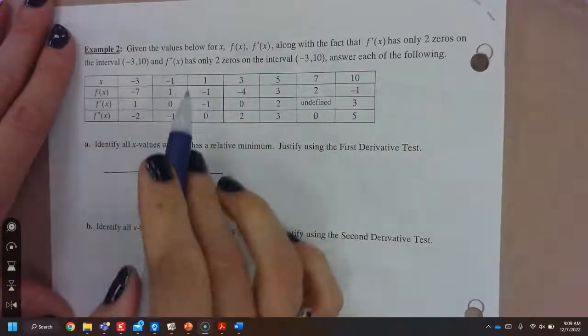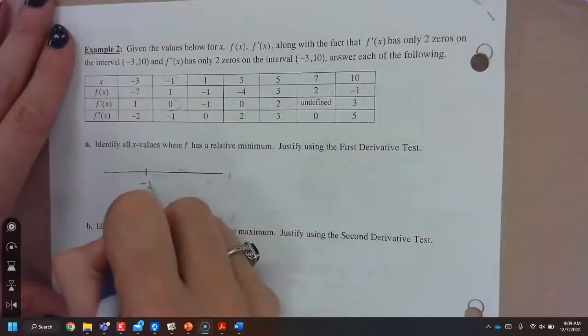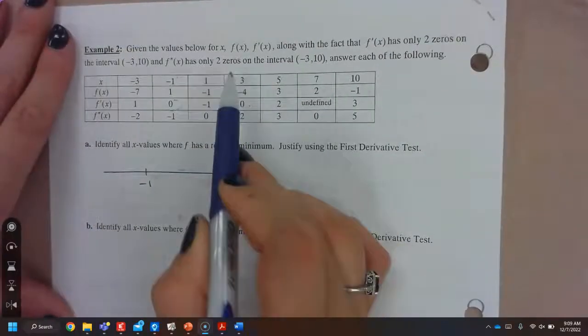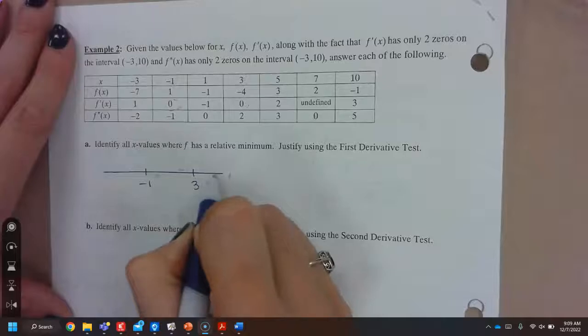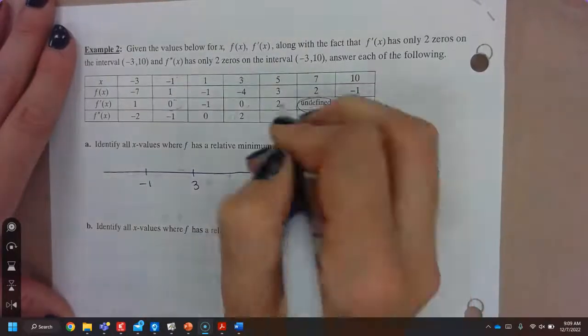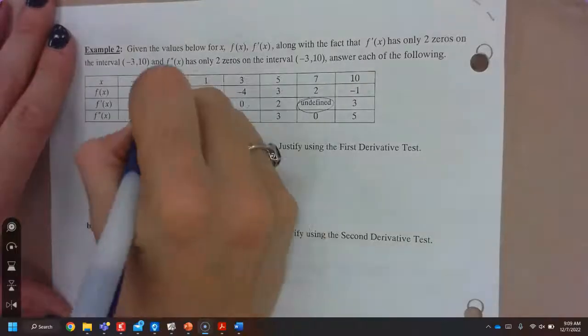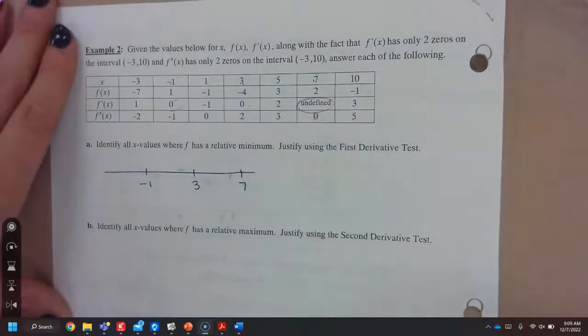So the derivative is 0 at negative 1. The derivative is 0 at 3. And the derivative is undefined at 7. So I have negative 1, 3, and 7 as my critical points.